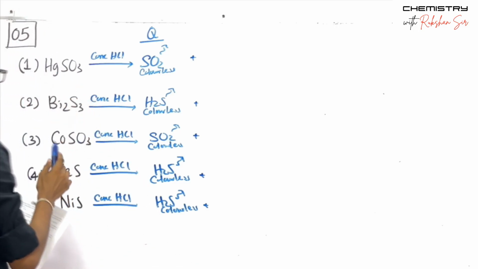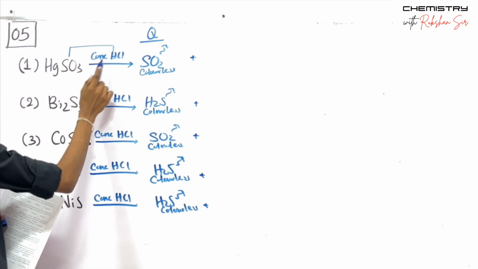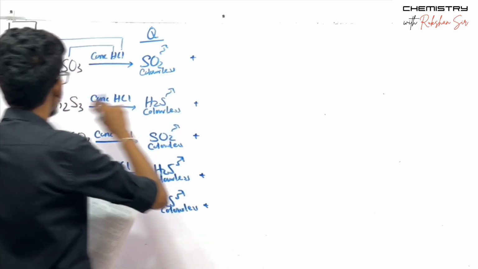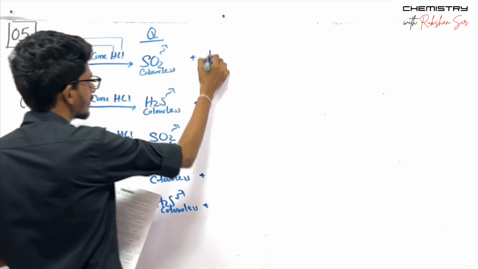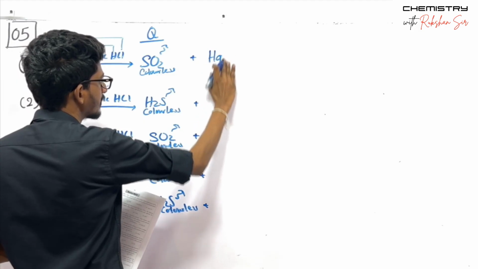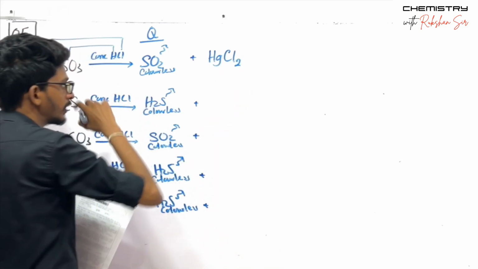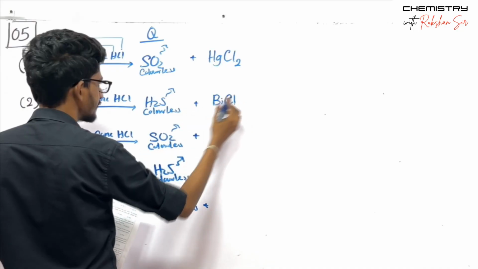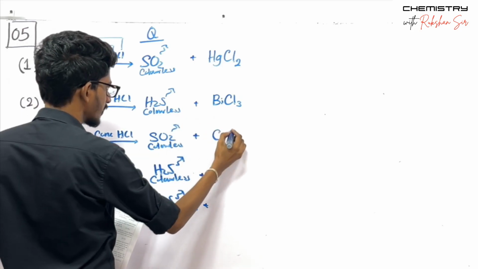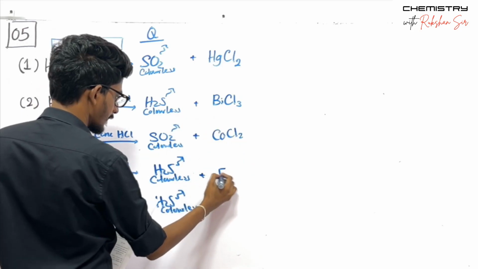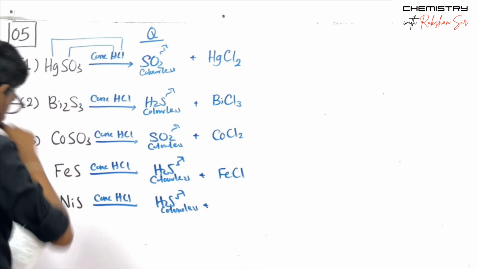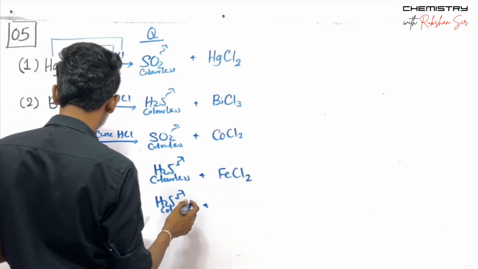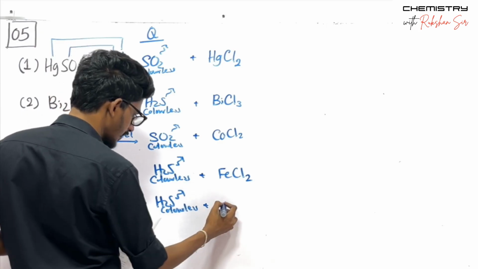What is the solution? Gas will be given by the combination of H+ and SO3 2-. The solution will be given by the combination of the other two. So Hg2+ is there with Cl-, HgCl2, and bismuth chloride, cobalt chloride, FeCl2, and the other one is nickel chloride.